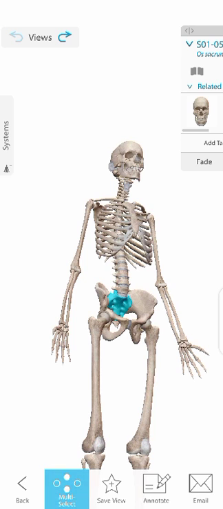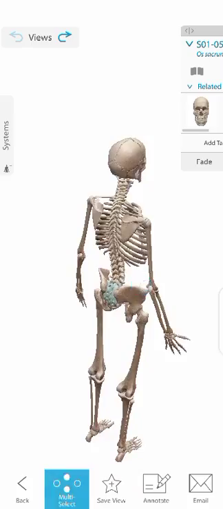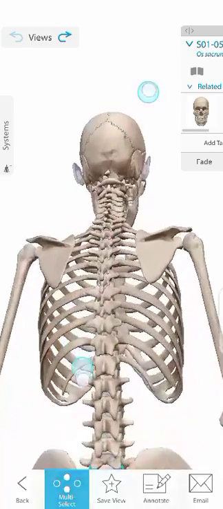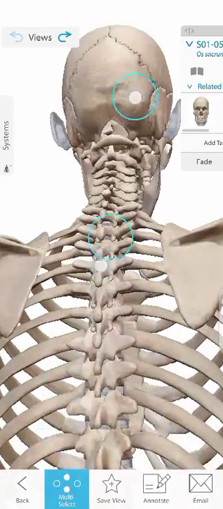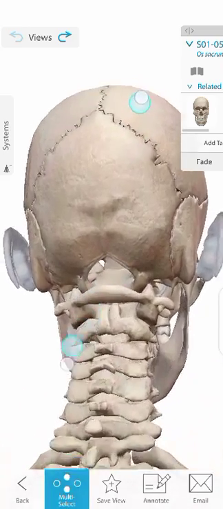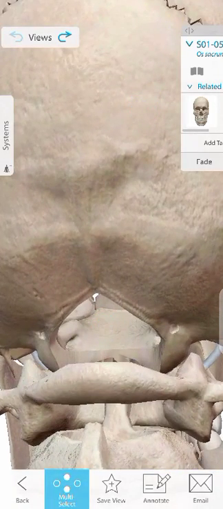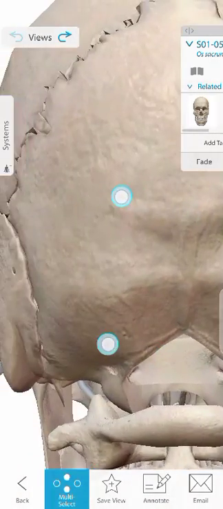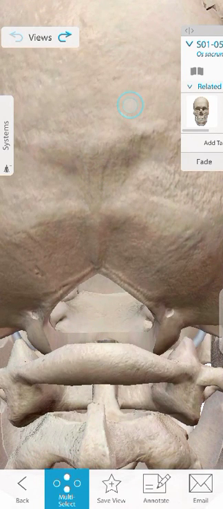So a crest is a faint elevation. Now we are looking at the head here, and this is our occipital bone.